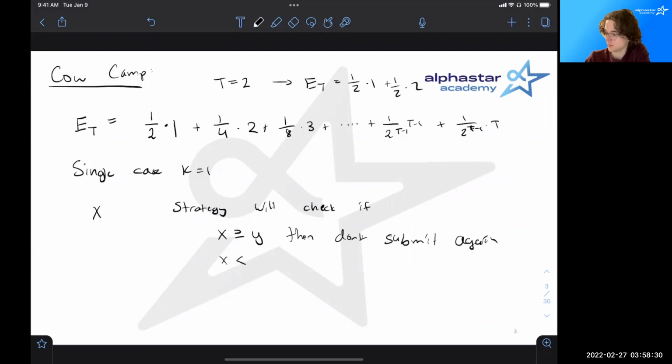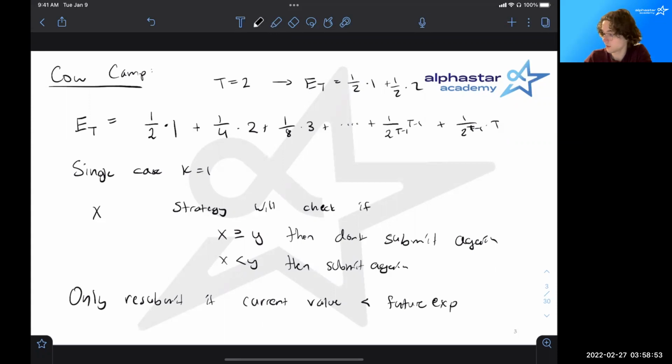If x is less than y, then submit again. I don't think equality matters. So we only resubmit if the current value is less than the future expected value.